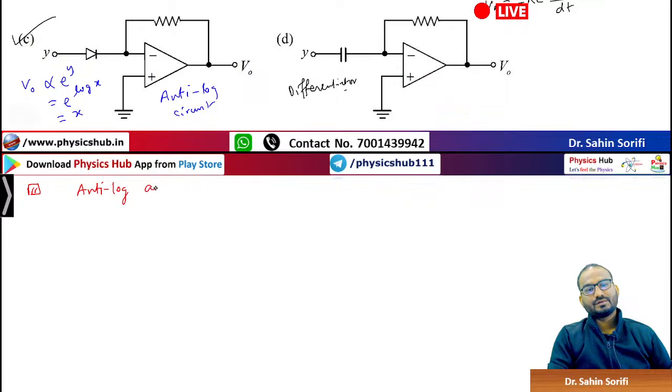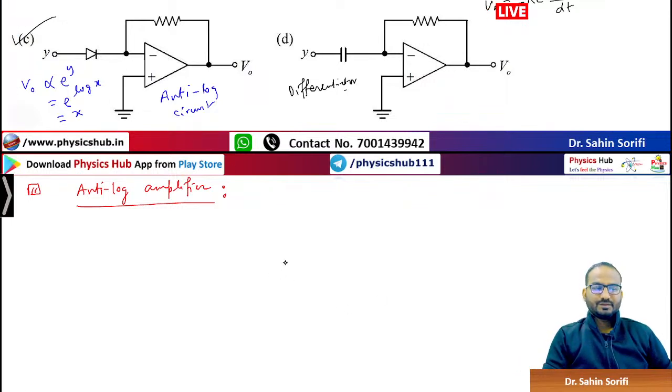Anti-log amplifier. So you get the picture. We have a diode here in the place of the input resistor.